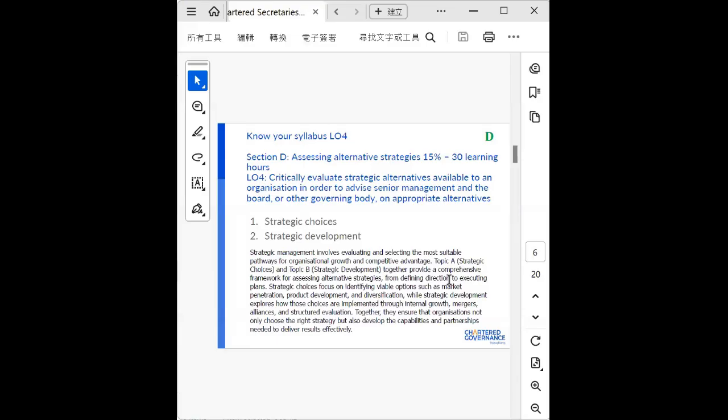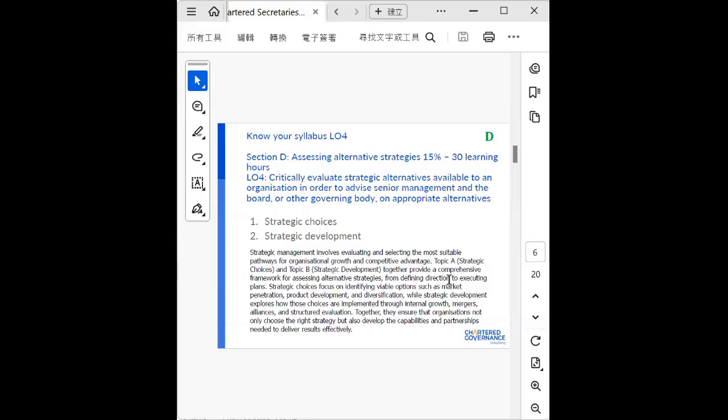So overall speaking, these sections, which are called assessing the alternative strategies, involve evaluating and selecting the most suitable pathway for organizational growth and competitive advantage. The two parts in here are assessing the strategic choices and the strategic development. So to give you a framework for assessing the different strategies, you define the directions for executing your plans.